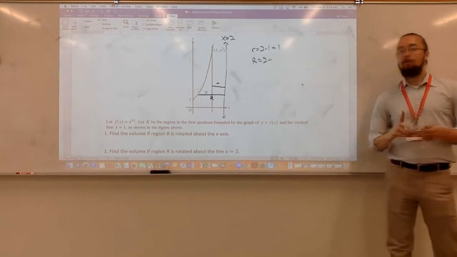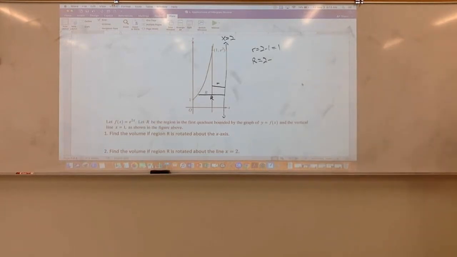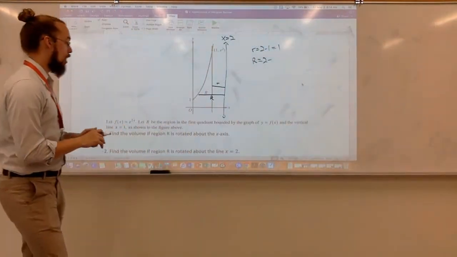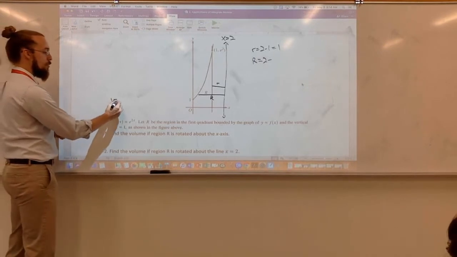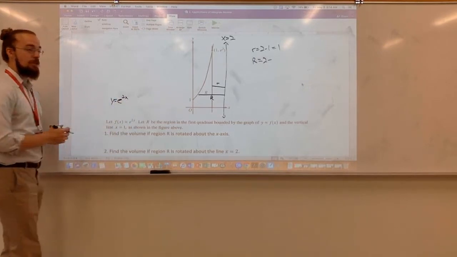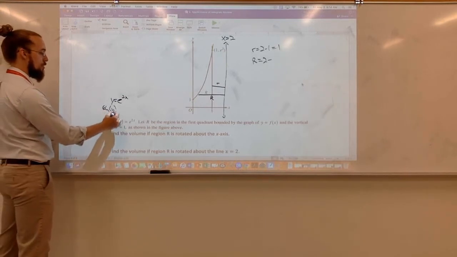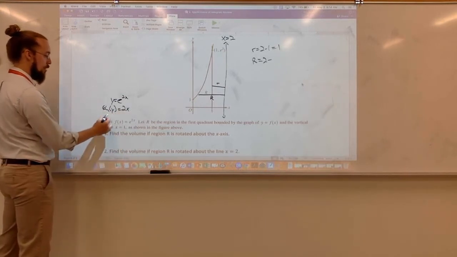Whenever we are revolving about a vertical line, I need my function as x equals, and then in terms of y. So if this is y equals e to the 2x, to solve this for x, I would take the natural log of both sides, and then divide by 2.